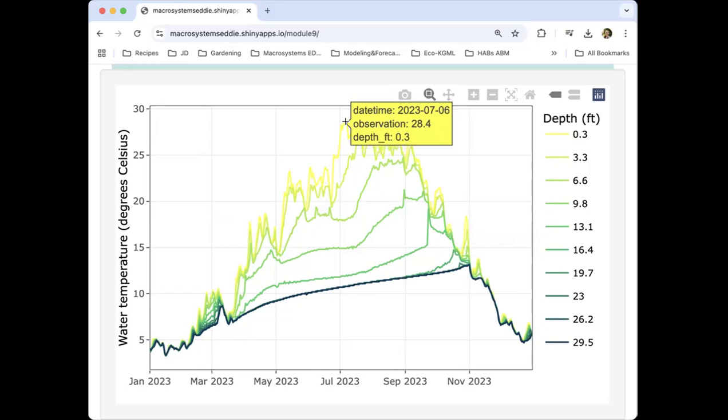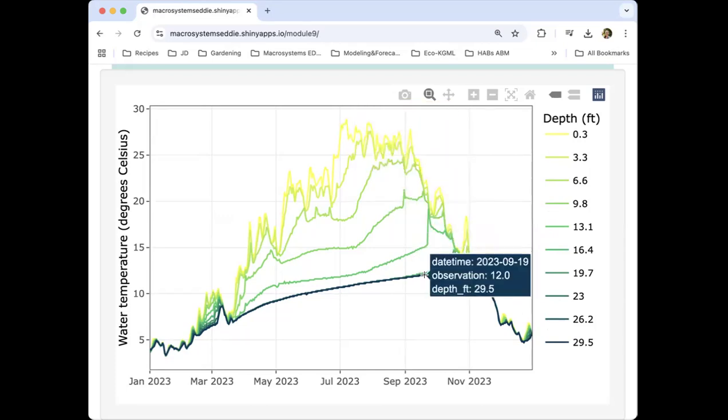If your eye was drawn to this bright yellow line, you would be right. That's a depth of 0.3 feet in the reservoir, which makes sense. Water temperatures are warmest at the very shallowest depth that we measure. Conversely, water temperatures are coldest at the very deepest depth that we measure, and that's why the dark blue line is shown on the bottom.